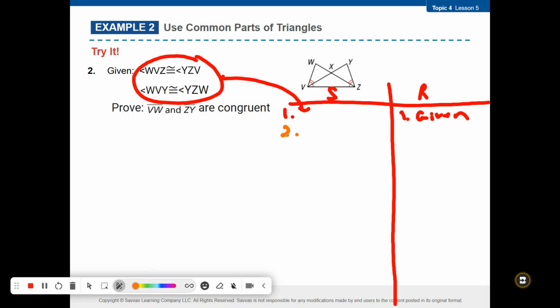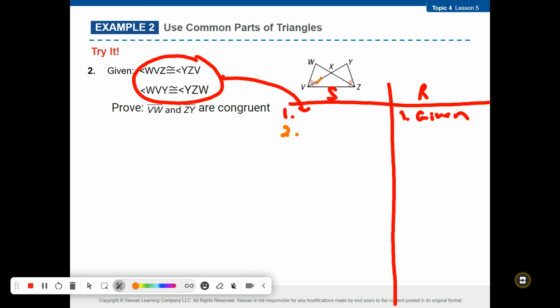Now step two, if we take a look at this, something tells me I'm going to have to go from congruence to measures, because I'm seeing that I have these two parts right here, and I'm going to have to determine something else there, okay? That might help.